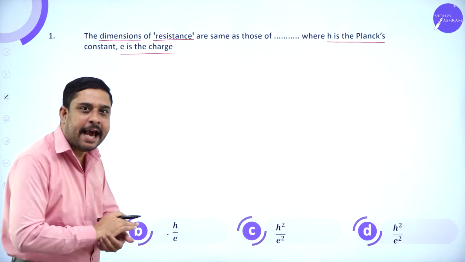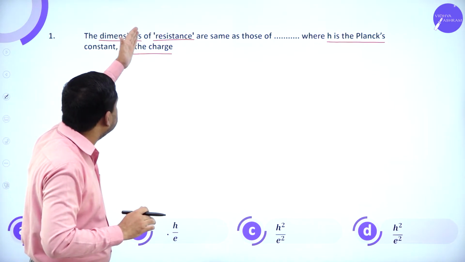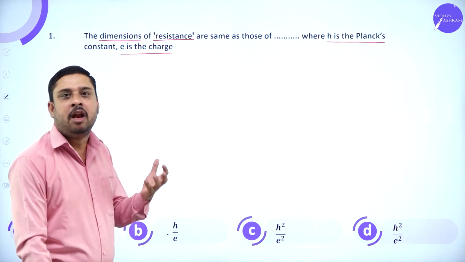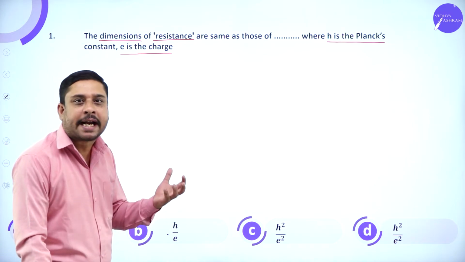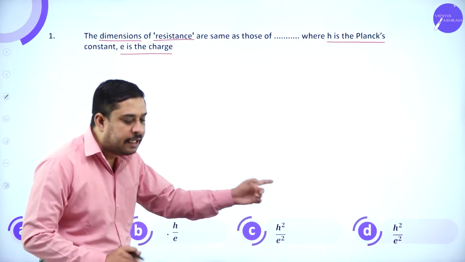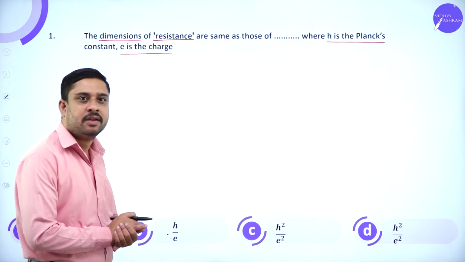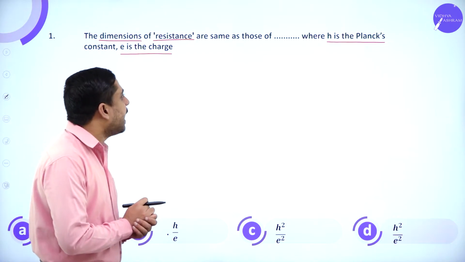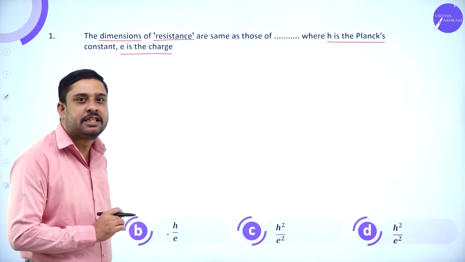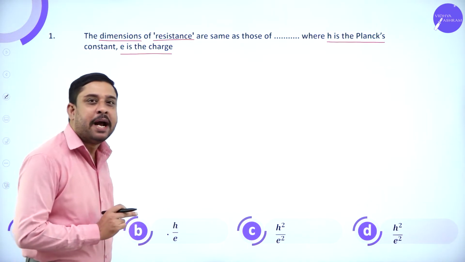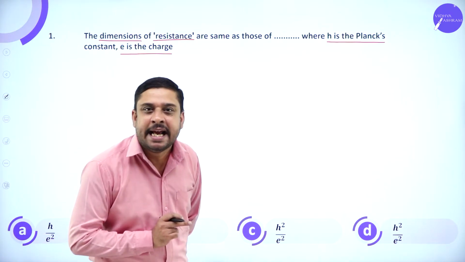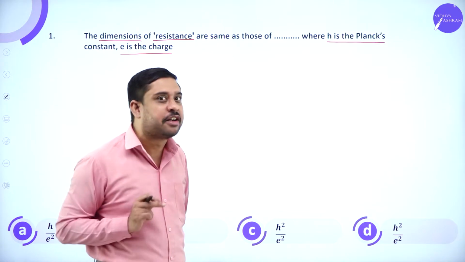The dimensional formula for resistance is one among the given options, where H is Planck's constant, E is the charge. So my dimensions for resistance should be in terms of charge.